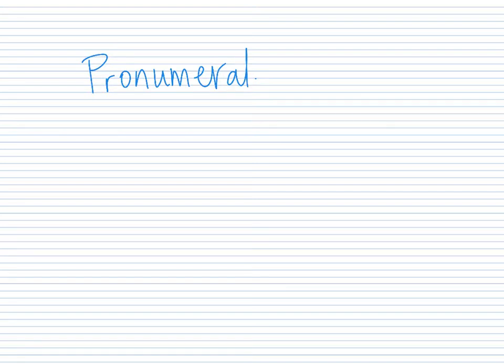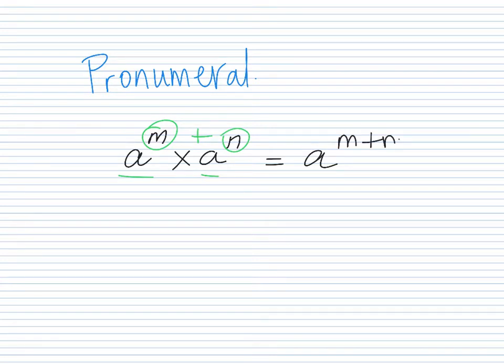For example, we could have A. So if we had A times A, and the first one had A to the power of M, and the second one is A to the power of N, then because it's the same base, we know that it's an A. And remember, the powers up here, we need to add them together. So in this case, it would be M plus N. So just because there's no number value associated, it is a pronumeral up here, it still means the same.